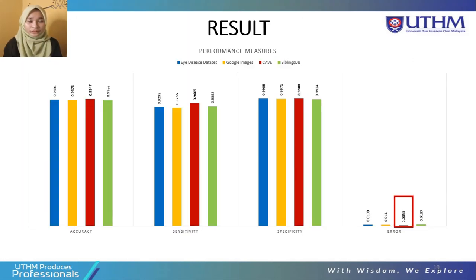Okay, so for the results, to see the effectiveness of the system, we calculate the performance measures for the iris detection in terms of accuracy, sensitivity, specificity and error. Based on the bar chart, we can see the result. It shows a high average value in all aspects. The accuracy, sensitivity and specificity show that the system is pretty accurate in providing the data for strabismus and also has minimal error.